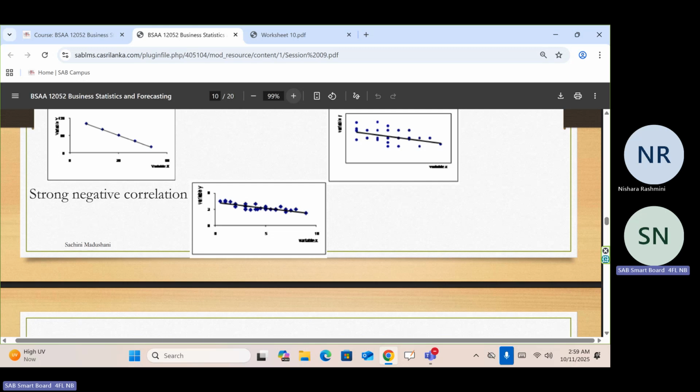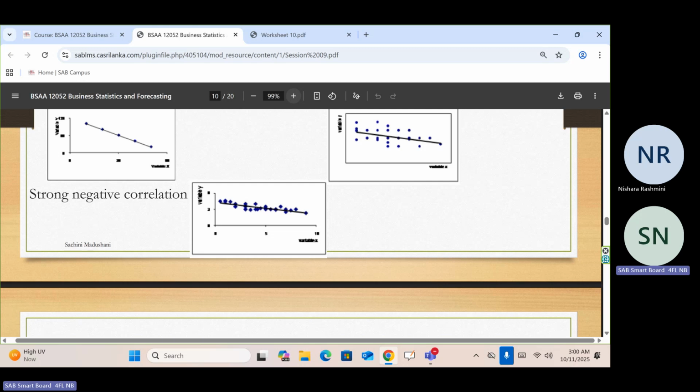It means it is not the perfect, it is not the strong. Then we can say it is a weak negative correlation. Perfect වෙන්නේ නැහැ, ඔක්කොම plots ටික එකකට ගන්න බෑ. ගොඩක් ඒවා එකක් උඩ නැහැ. එකම straight line එකේ නැහැ. Then we cannot say perfect and strong. Then we can say weak negative correlation. Understood? Okay, so we have perfect, strong, weak.